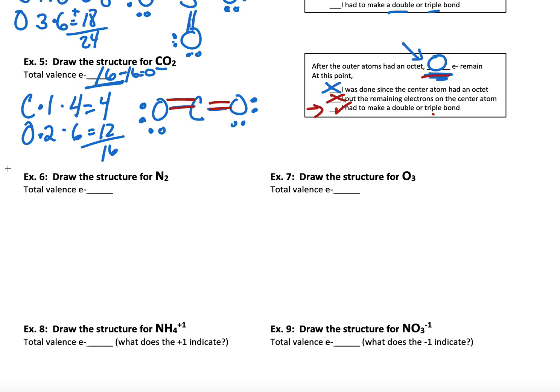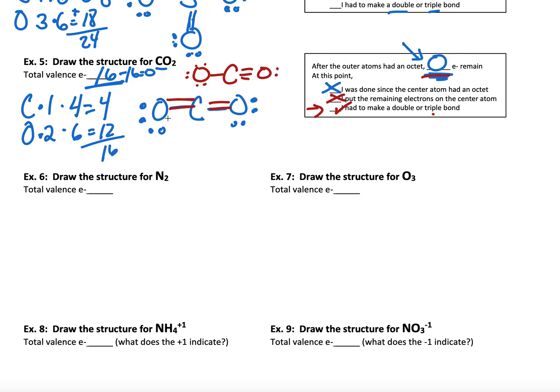So now, if we look at our drawing, we still have 2, 4, 6, 8, 10, 12, 14, 16. We still have 16. They're just rearranged a little differently. This is what it looks like, a double bond on either side. Now, could there have been a triple bond on one side and a single bond on the other, with electrons like this?